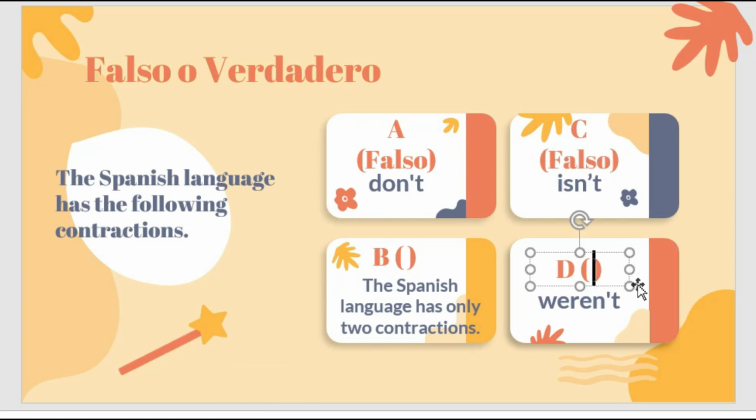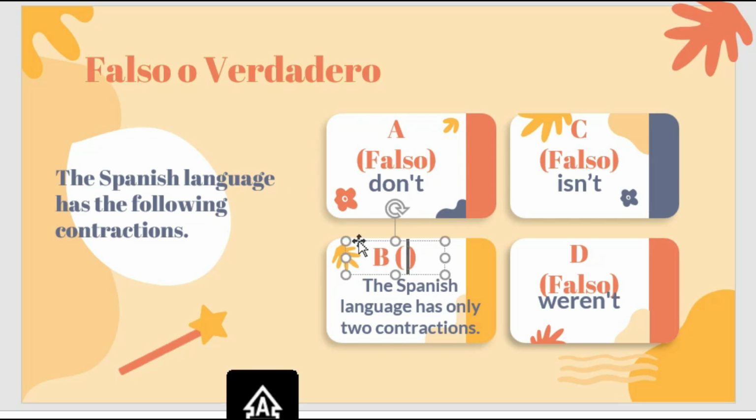Weren't. Falso. So what is falso stands for? False. So falso is false in English? Yes. What about this? The Spanish language has only two contractions. Verdadero. So do you mean is that true? Yes. Okay.